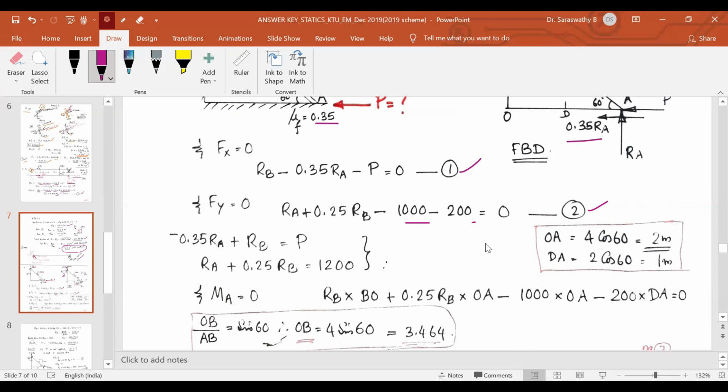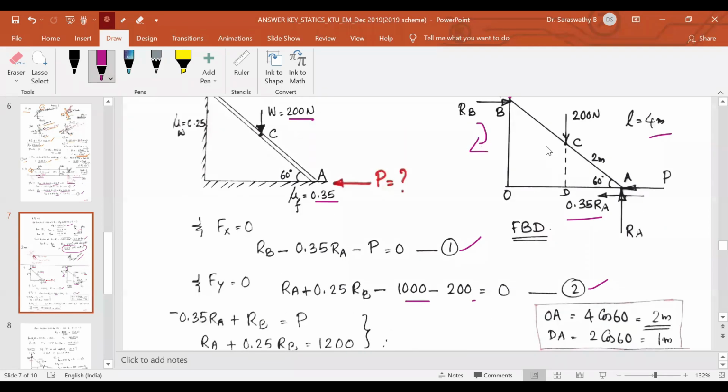From the trigonometry of this figure, OA, how will you find out? This is 60 degrees. This is 4 meter. So cos 60 is equal to OA by 4. So OA is equal to 4 cos 60, 2 meter. Considering the small triangle ADC, this is 2 meter, this is 60 degree.